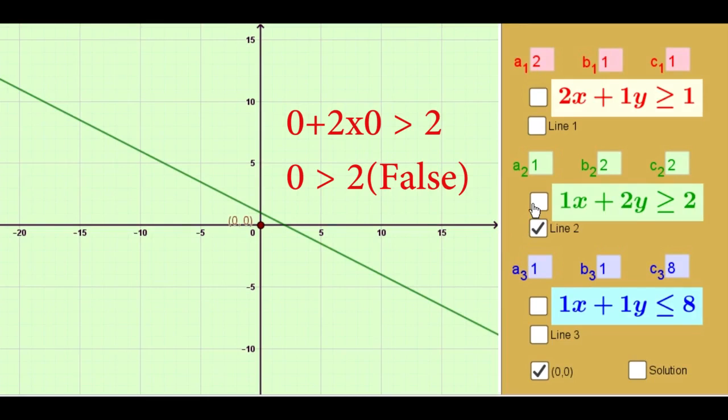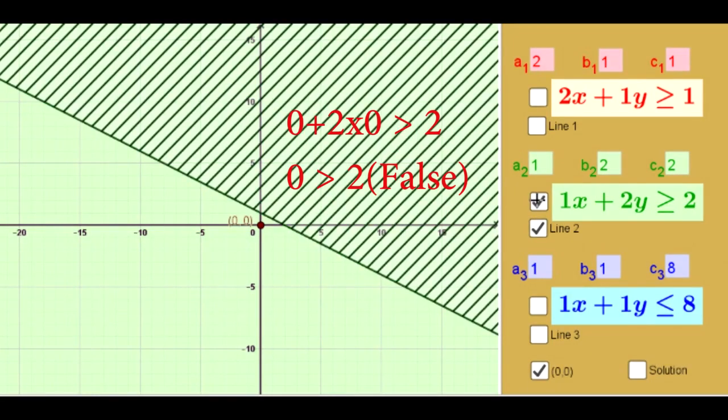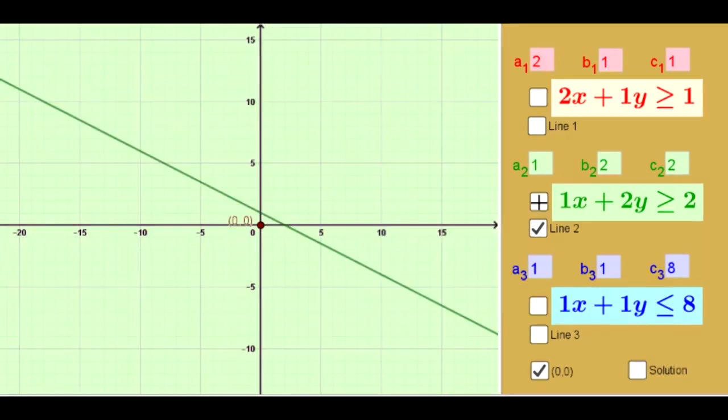You get 0 greater than or equal to 2, which is false. Because the result is false, you have to shade the region on the other side of the line which does not contain (0, 0). Now observe the shading, which is given in green color. So the green shading is the result for the inequality x plus 2y greater than or equal to 2.